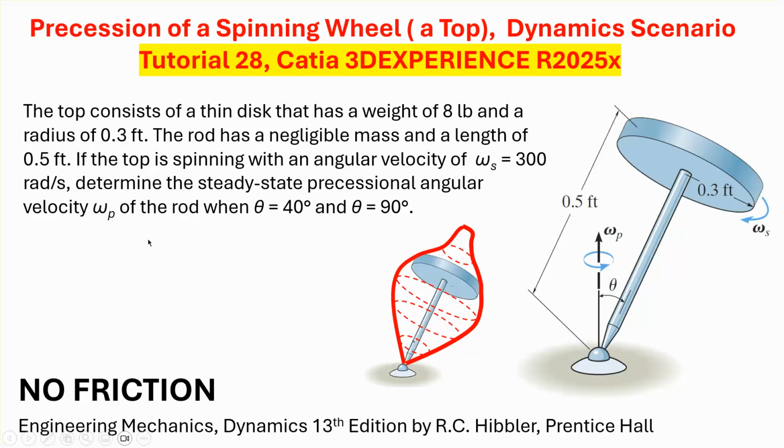What we'd like to do is to find the precession frequency. In other words, the frequency at which this top is turning around the vertical axis, for two cases: 40 degrees orientation and a 90-degree orientation.